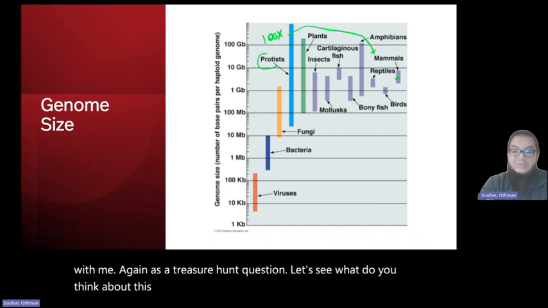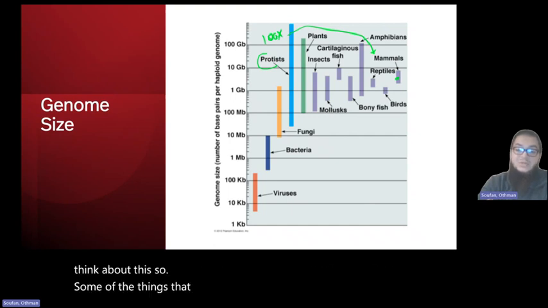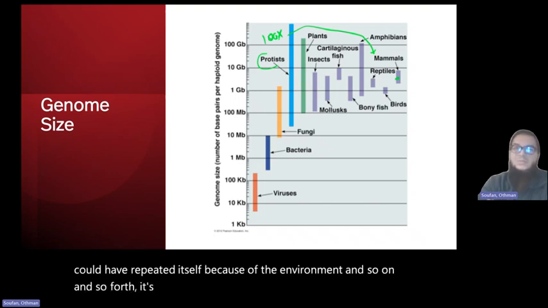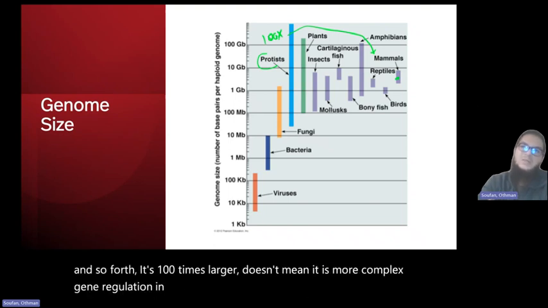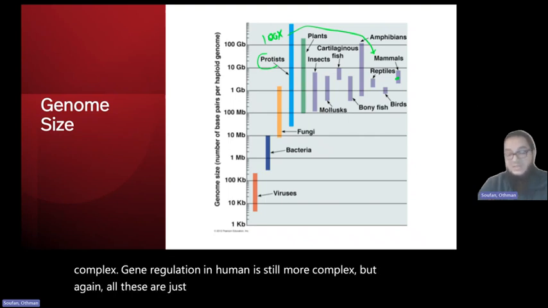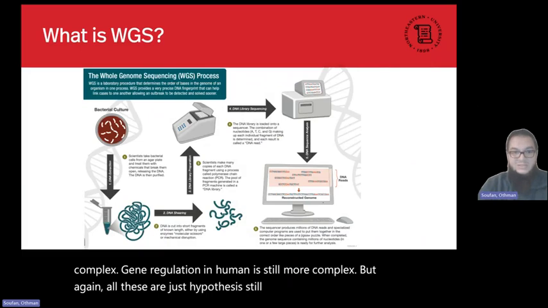Some say that many of the DNA could have repeated itself because of the environment and so on. Being 100 times larger doesn't mean it is more complex. Gene regulation in a human is still more complex. But again, all these are just hypotheses. Still more analysis is needed.